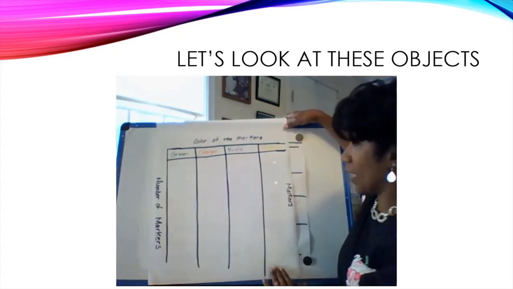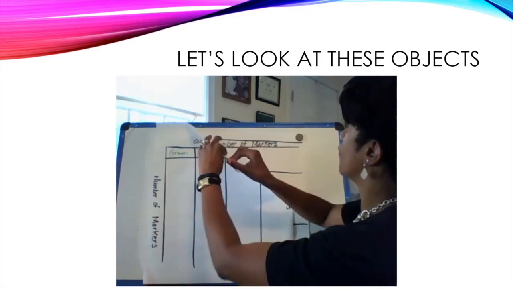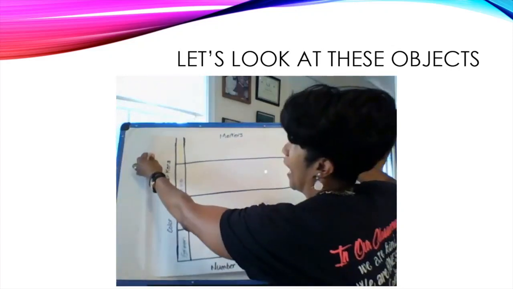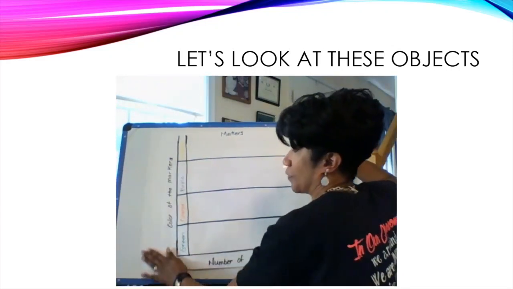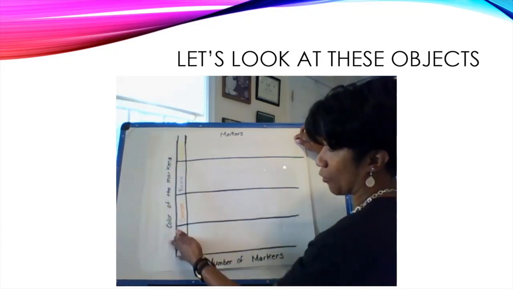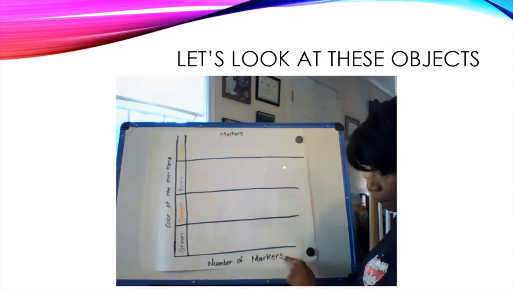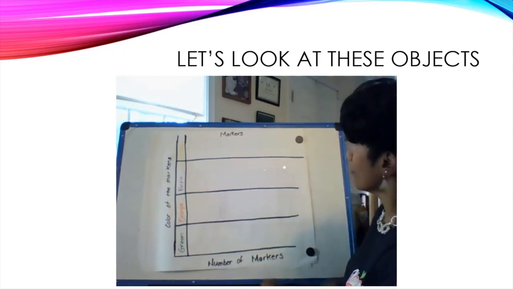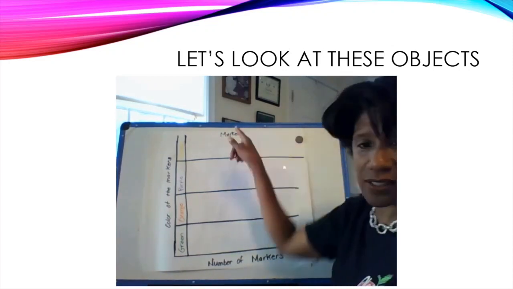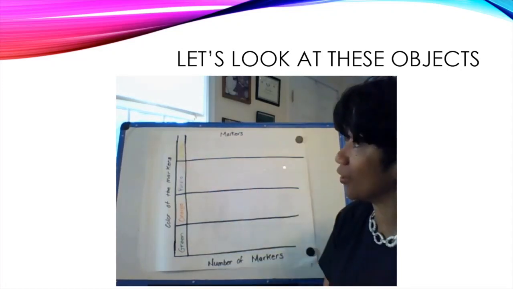And right here, I have the color of our markers over on this side of our graph, and I labeled it. And then we have the number of markers at the bottom, and I gave it a title, and I just titled it markers.